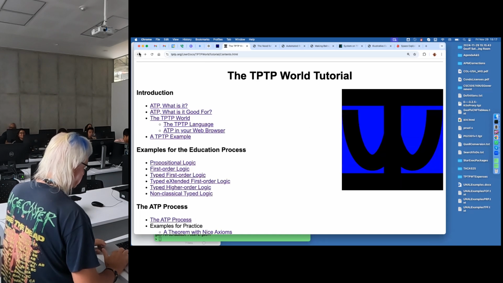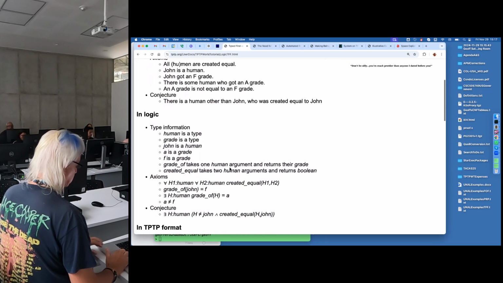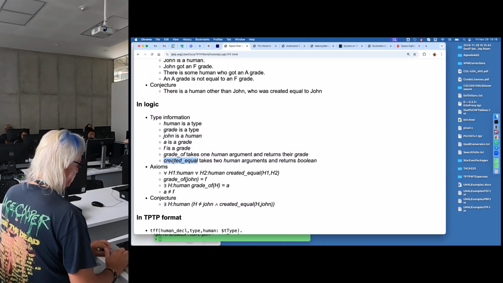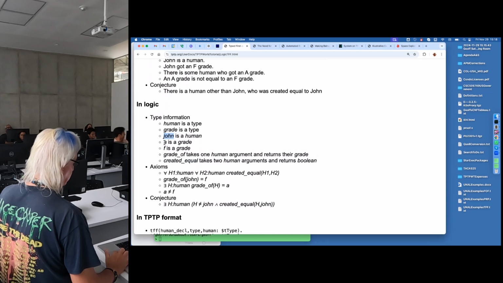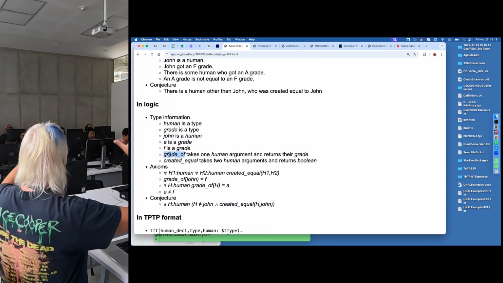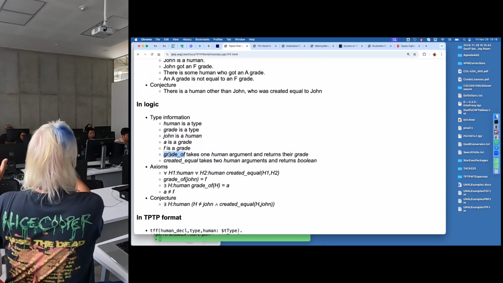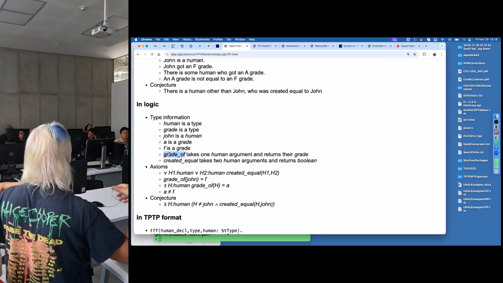Up to now, let's just go back. You might notice that we separate things that are true or false, like equality, from objects in the world, like John, A, F, and a grade function. We separated objects in the world and true and false into separate things, which makes it a bit easier.